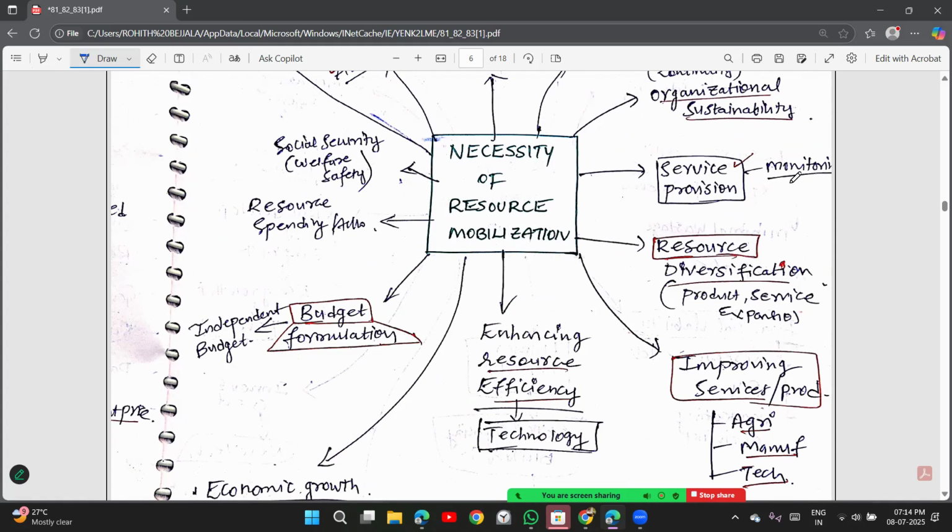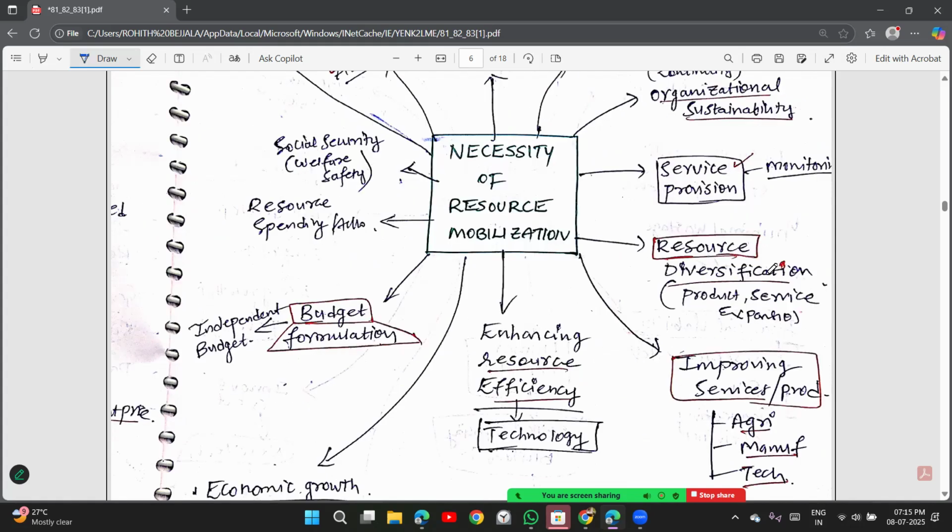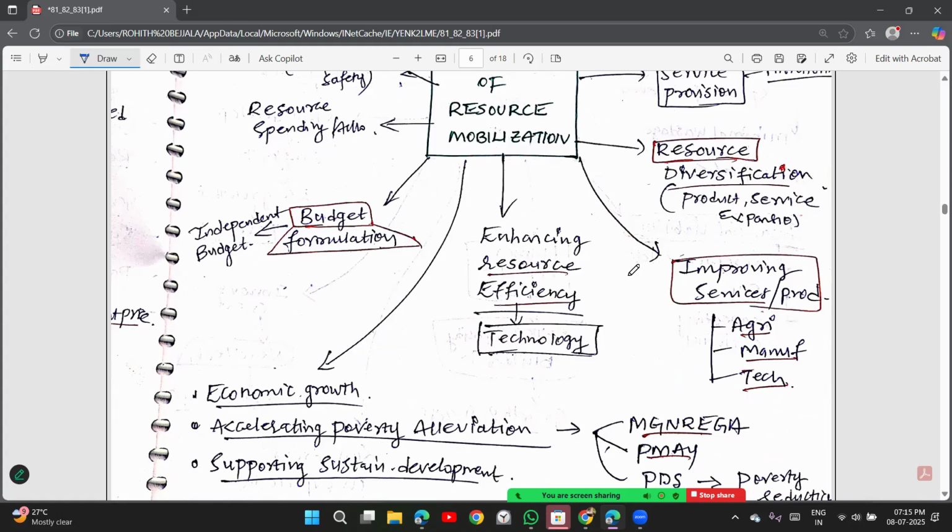And if resource mobilization is there, then we can diversify. We can expand the economy into various sectors to perform well. And also we can improve agriculture, manufacturing, and technology. And also it enhances efficiency, right?